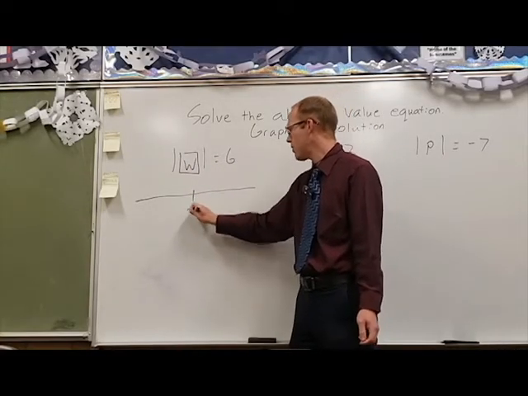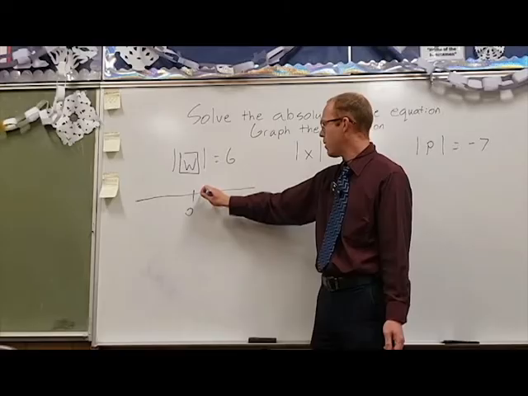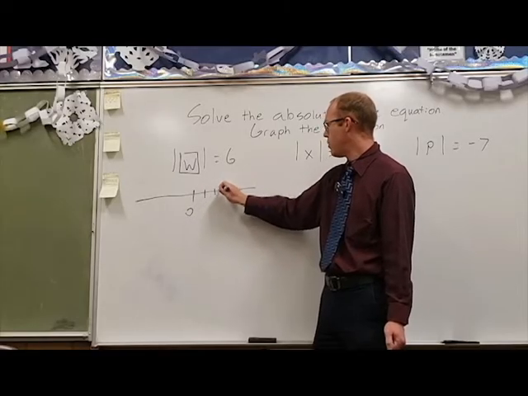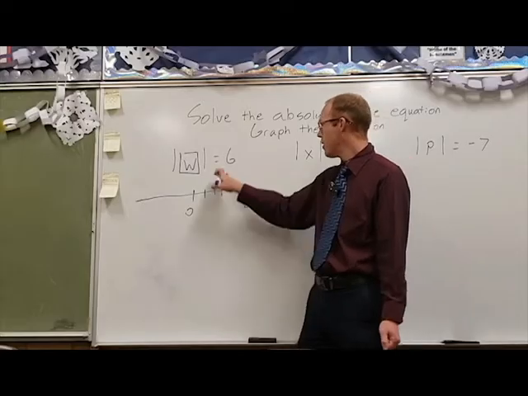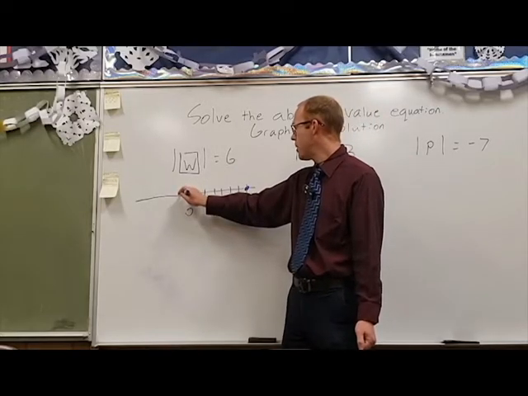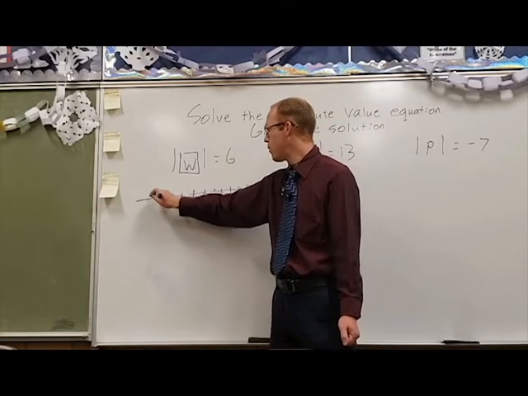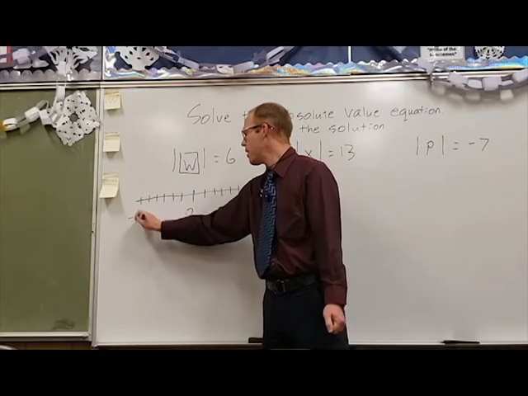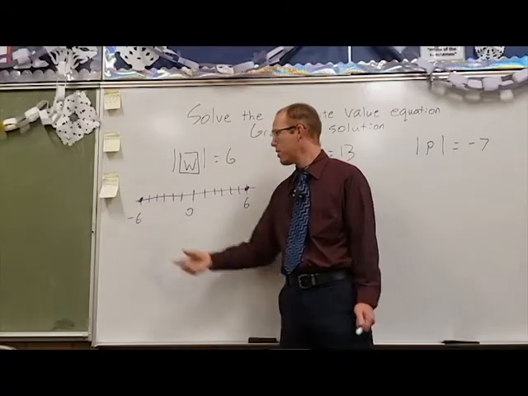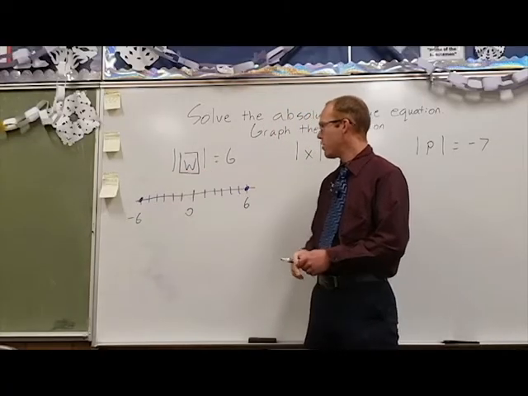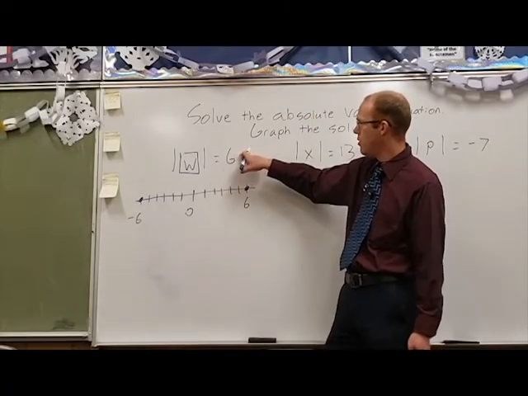Well, let's draw a picture of that. Here's 0. 6 away from 0 is going to be over here. 1, 2, 3, 4, 5, 6. Over here at positive 6. 6 away from 0 also could be in this direction. 1, 2, 3, 4, 5, 6. That would put us at negative 6. So we have 2 locations right here where the distance of those numbers is equal to 6.